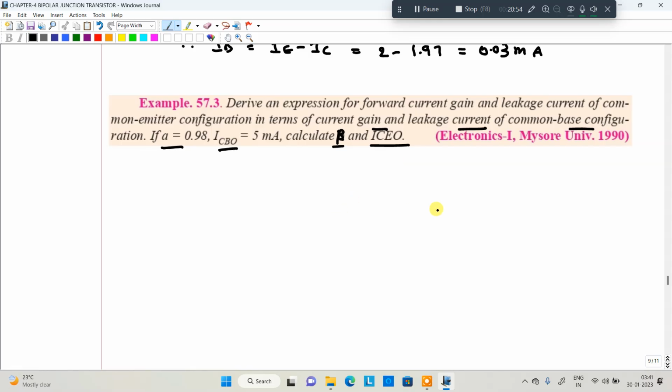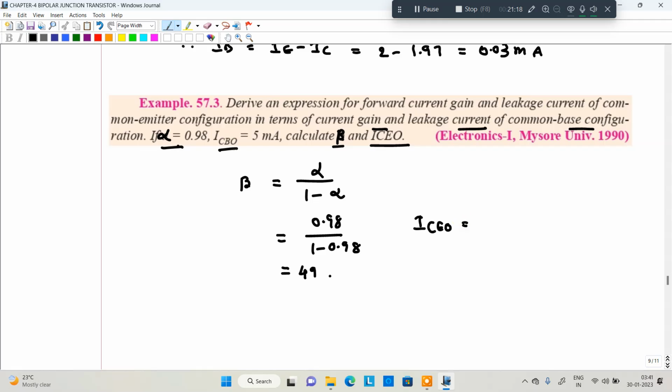So from that, beta is equal to alpha divided by 1 minus alpha. Already alpha is given, so 0.98 divided by 1 minus 0.98 is equal to 49. Got beta as 49.